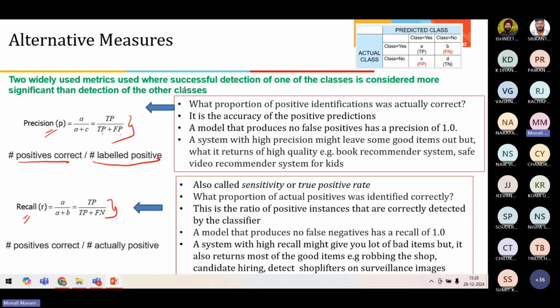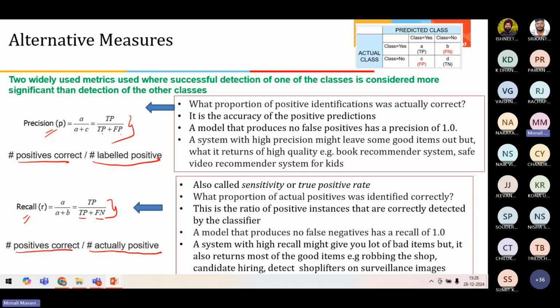And in recall, out of all the actual positives, how many have been predicted as positive? In the denominator, we have TP and false negative both. The false negative and the true positive are both actually positive.